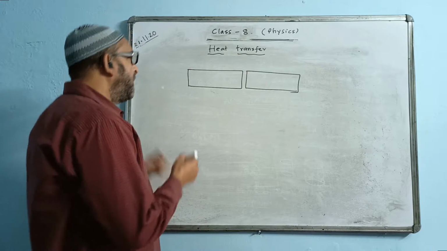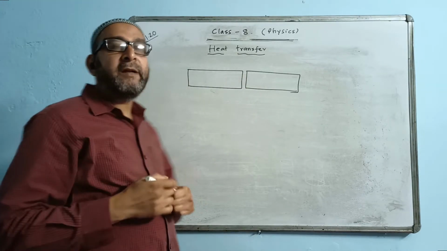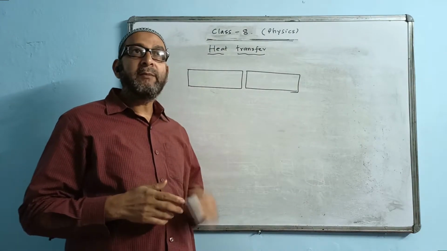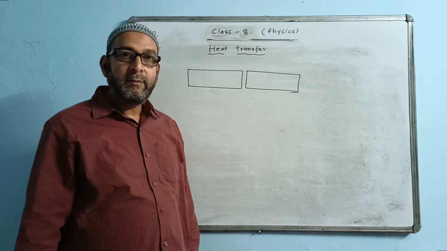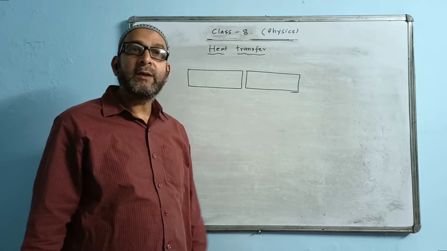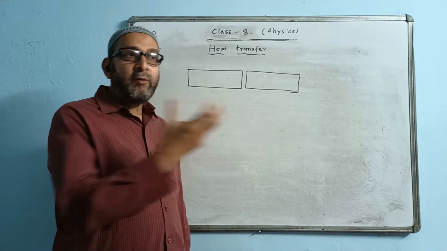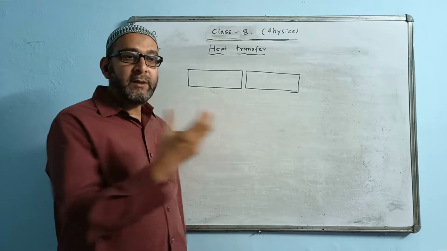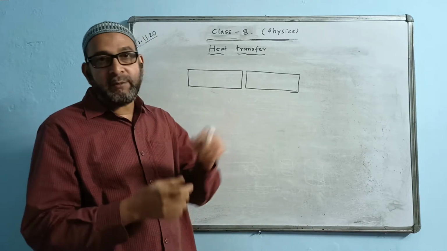Now another situation, also a case of linear expansion. We say during summer time the duration of the day is longer. What is the reason? The pendulum of a clock will move slower, that means the duration becomes longer. The reason is during summer time linear expansion takes place.